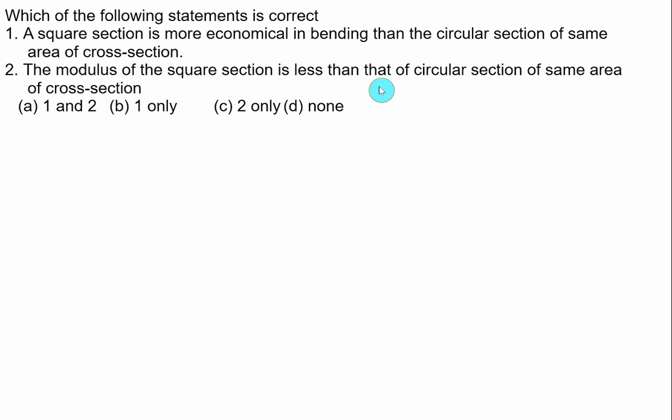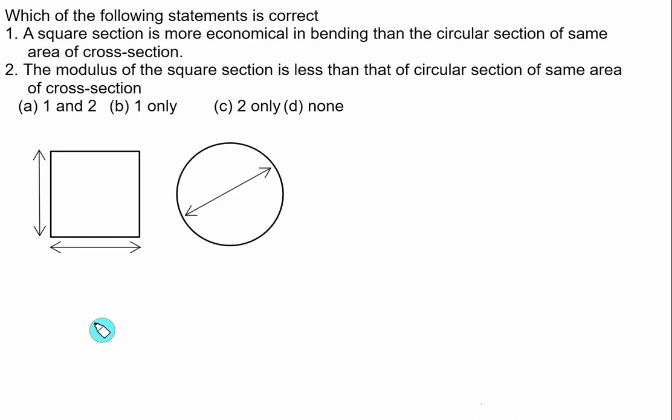To check both statements, we'll find the section modulus for the square section and the circular section. Let the square section have side equal to A, so both sides are equal, and let the circle have diameter D. First, the cross section area is the same, so let's equate them.